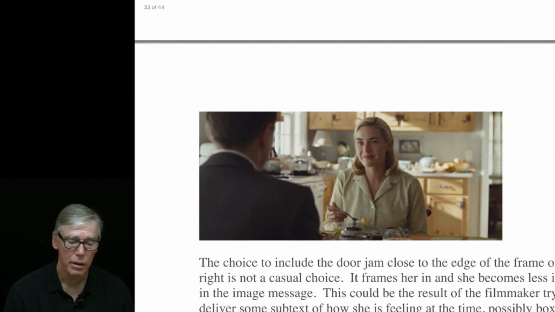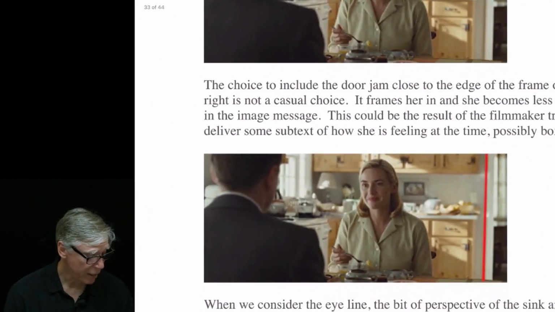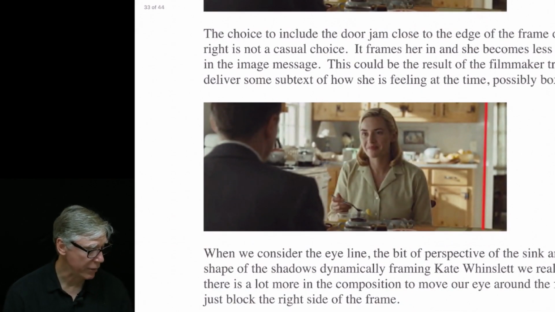Same thing here. In this case, he's using the doorway in the back to help close the frame. Leonardo DiCaprio on the left is closing off the frame here, but he's keeping Kate Winslet held in this frame by showing the door jamb in the back. He could have cropped in closer, but keeping that element back there would help frame her in.